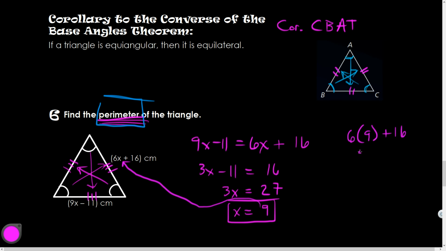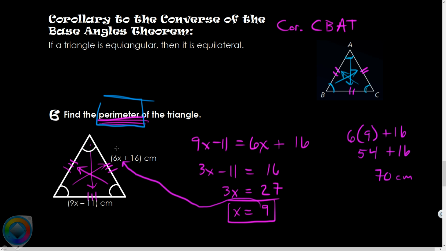Oh dear, that's like 54 or something. Wait a minute. You know what happened? I thought I was solving for angles, and I was like, these need to be all 60. Why am I not getting 60? But that's not the case. 54 plus 16 is 70. That's 70 centimeters, technically.